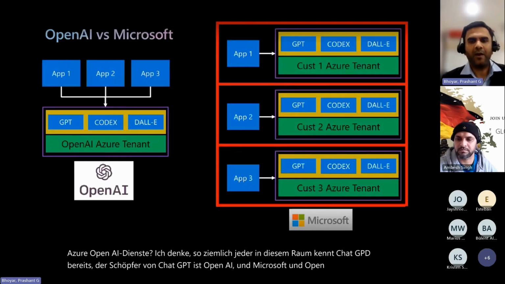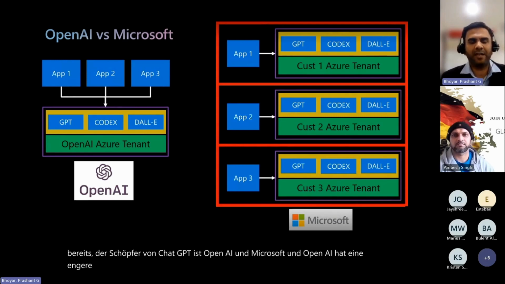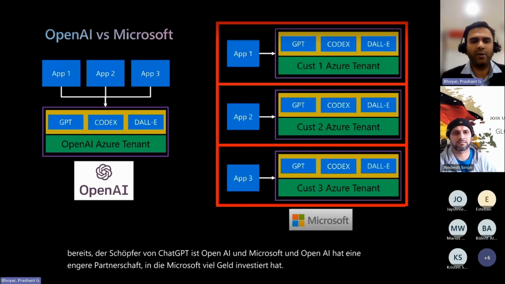Now, that brings up the question: why do I need Azure OpenAI Service, since Microsoft has basically just lifted and shifted the models from OpenAI? Now I can either use the services from OpenAI directly, or I can go with Azure OpenAI.